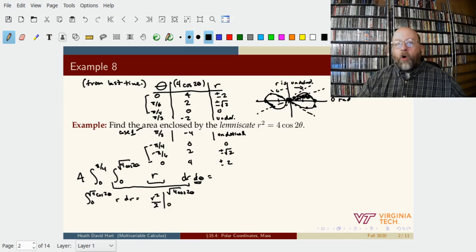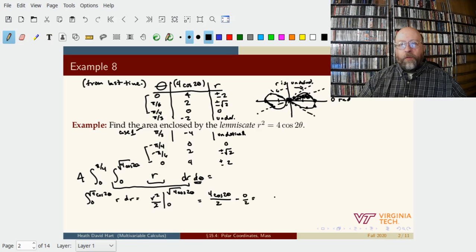The r squared and the square root cancel each other out, and we get 4 cosine of 2 theta over 2 minus 0 over 2, which is 2 cosine of 2 theta.